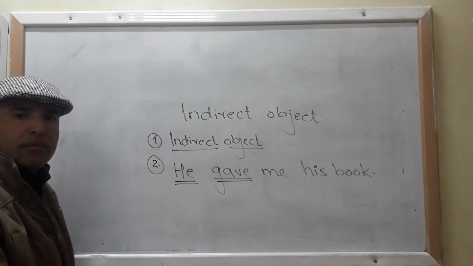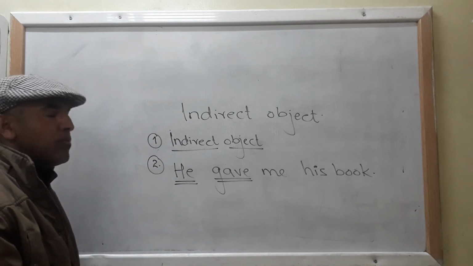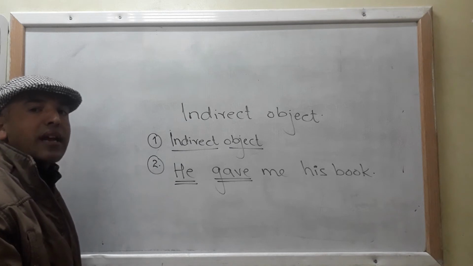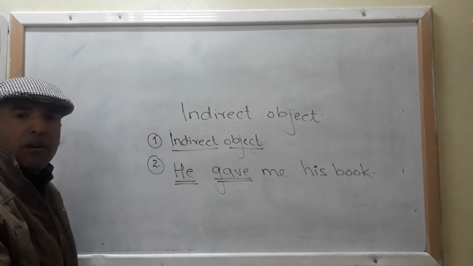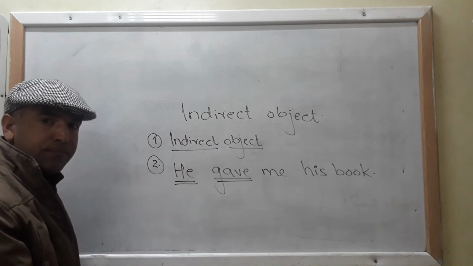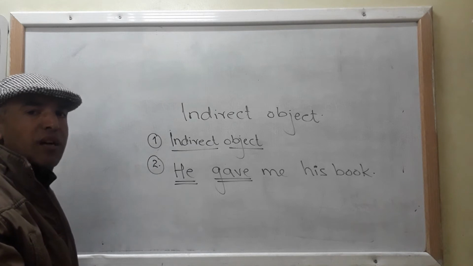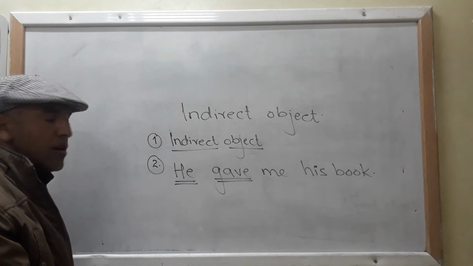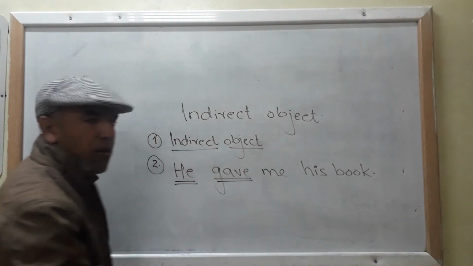What did he give? Clear? In order to have an indirect object, a sentence must have a direct object. Point number three: if you are looking for an indirect object, that sentence must have a direct object. So, without it, we can't find out indirect object in a sentence.